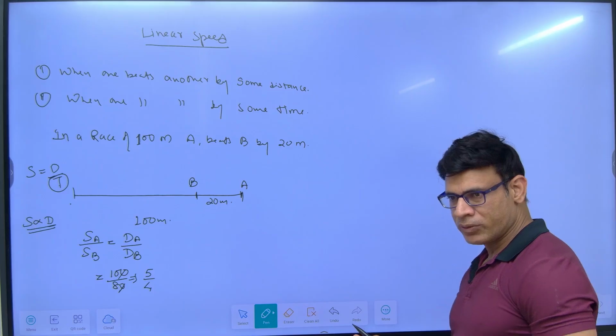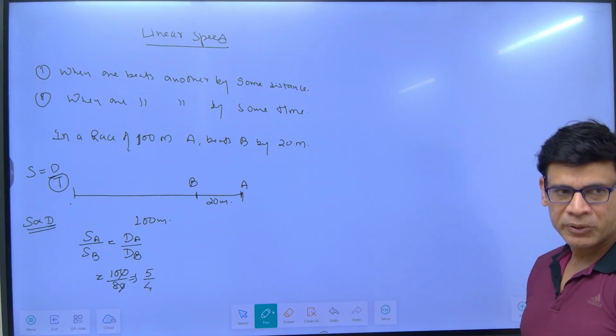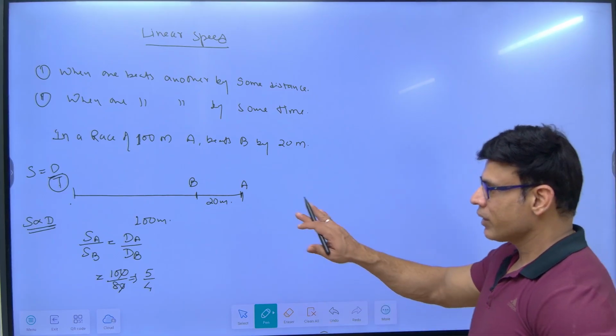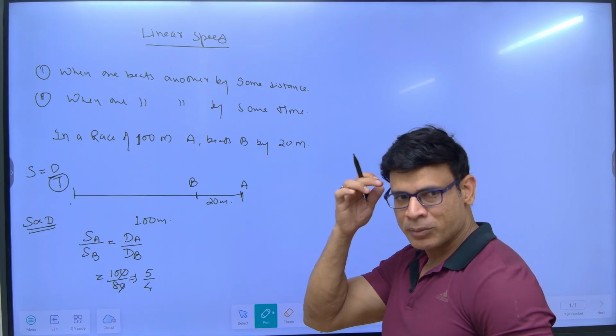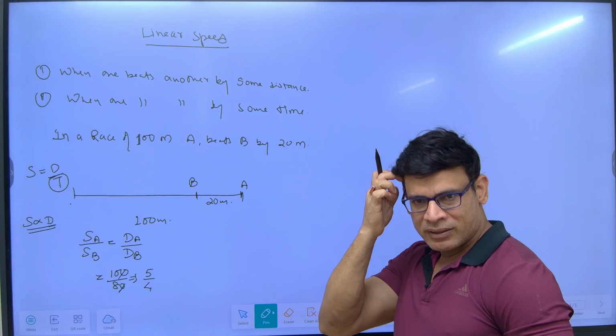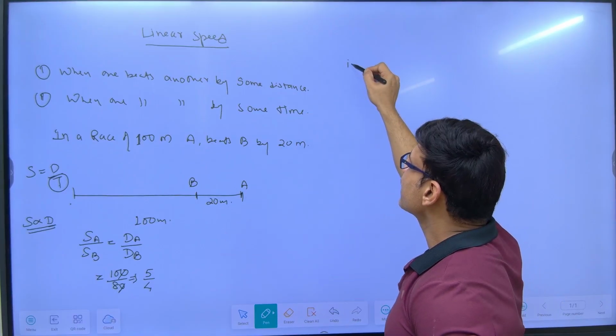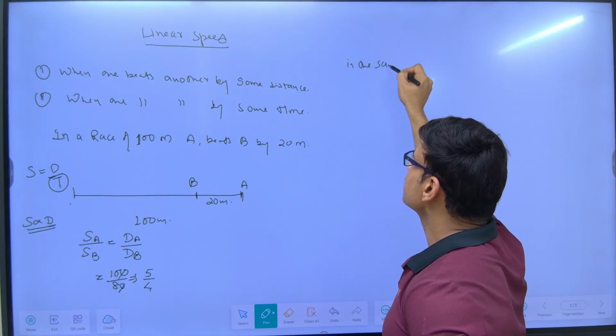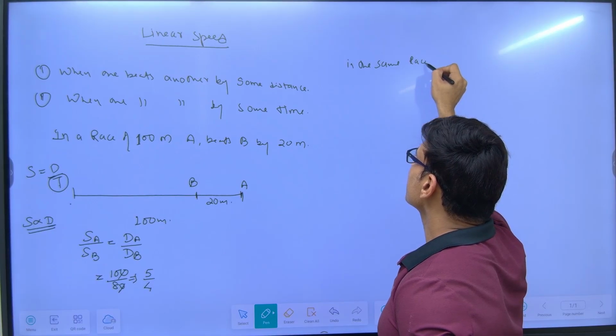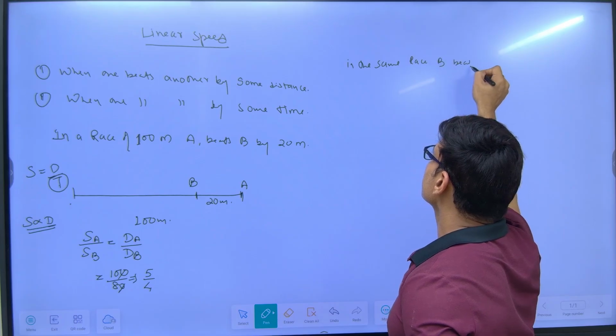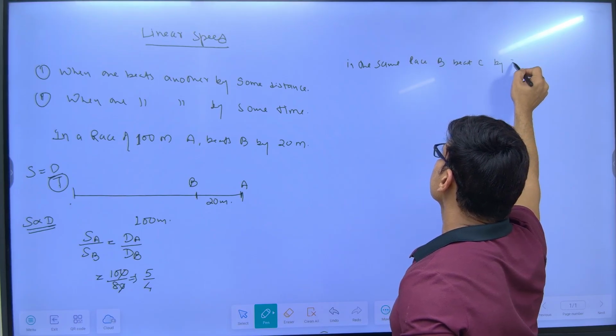First thing is clear to all of you. Here the ratio also comes in handy. How? Suppose in the same race, B beats C by 30 meters, right?